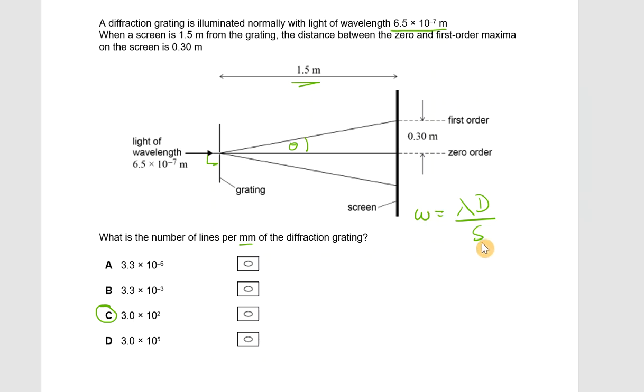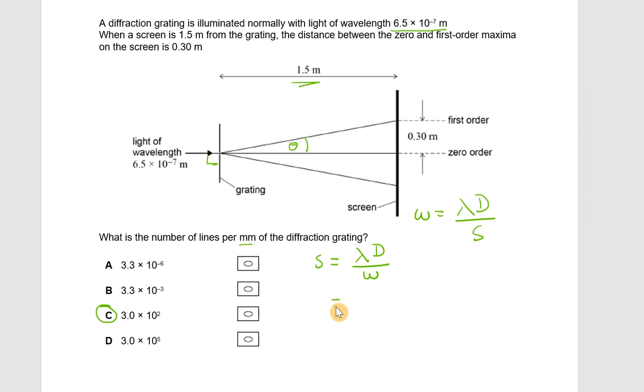Let's rearrange, because ultimately we want the number of lines per millimeter, so we want to find the spacing between those lines to start with. That spacing is equal to the wavelength times the distance from grating to screen, over the distance between the maxima.